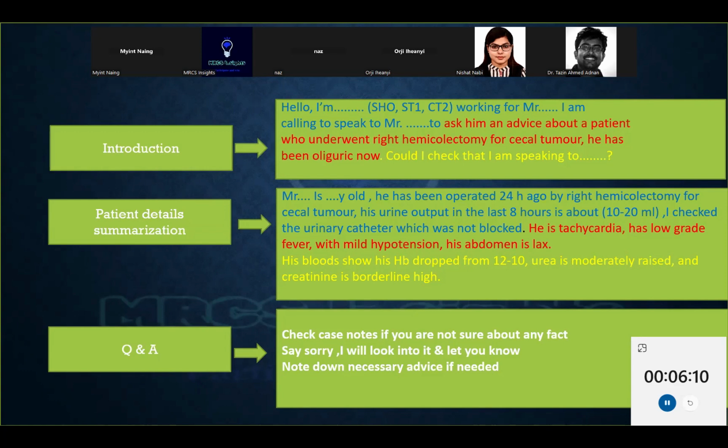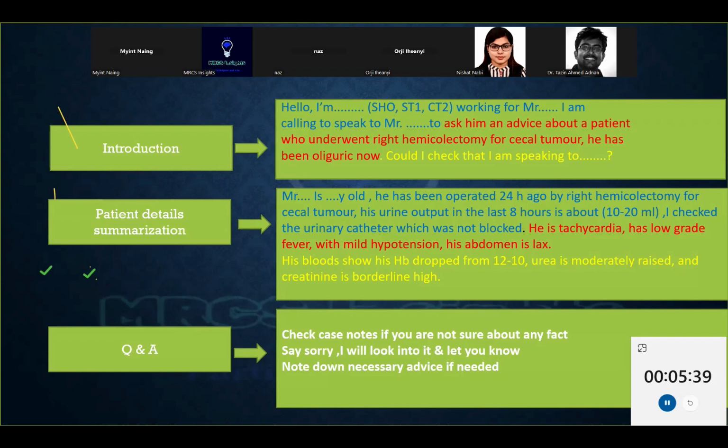We planned for a fluid challenge. We are thinking about starting a fluid challenge with crystalloid 250 to 500 ml over 15 to 30 minutes. Okay. And we will monitor the patient again after the fluid challenge overnight. Okay. Apart from the fluid challenge, are you not going to resuscitate the patient? With normal saline?